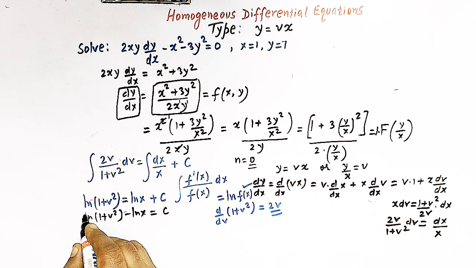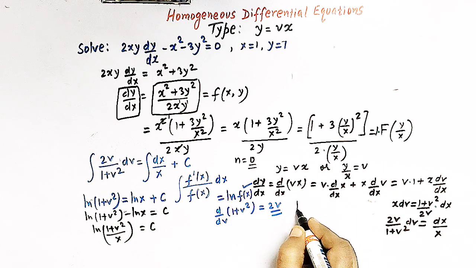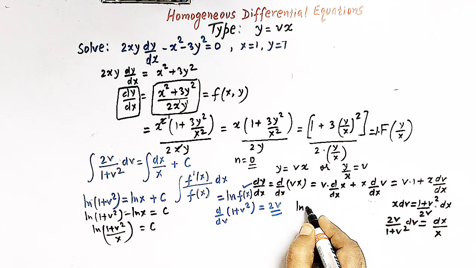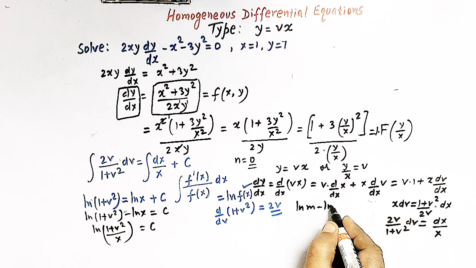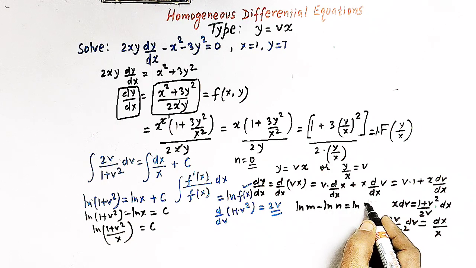Now applying the properties of log, we have log of 1 plus v square over x, and here we have c. And here we have used this result, that is the natural log of m minus natural log of n is equal to natural log of m over n, right?